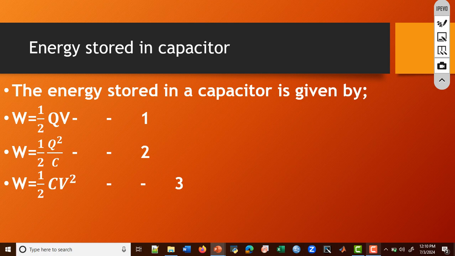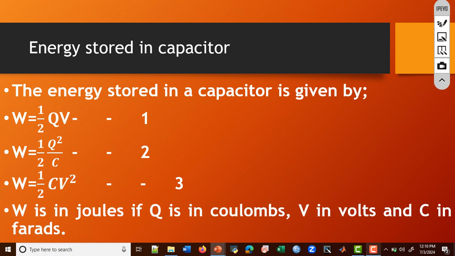The Q here represents the charge, and the unit is coulomb. The V represents the potential difference in volts, and C is the capacitance of the capacitor in farad.